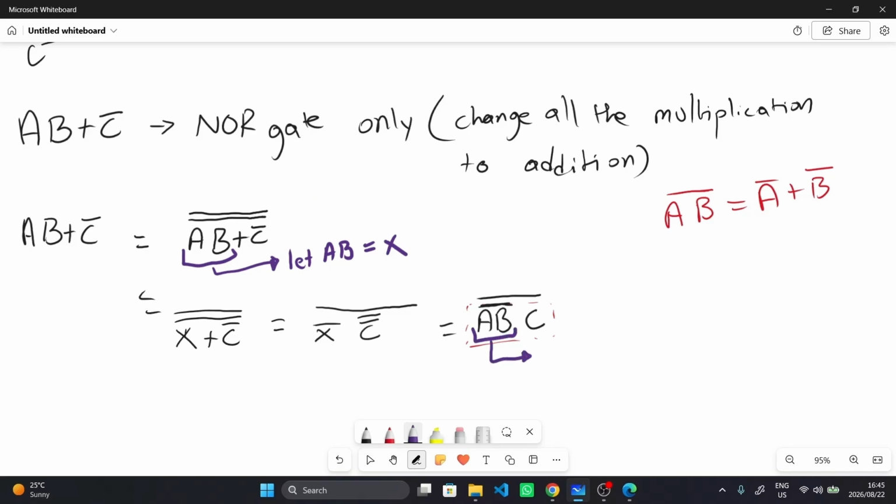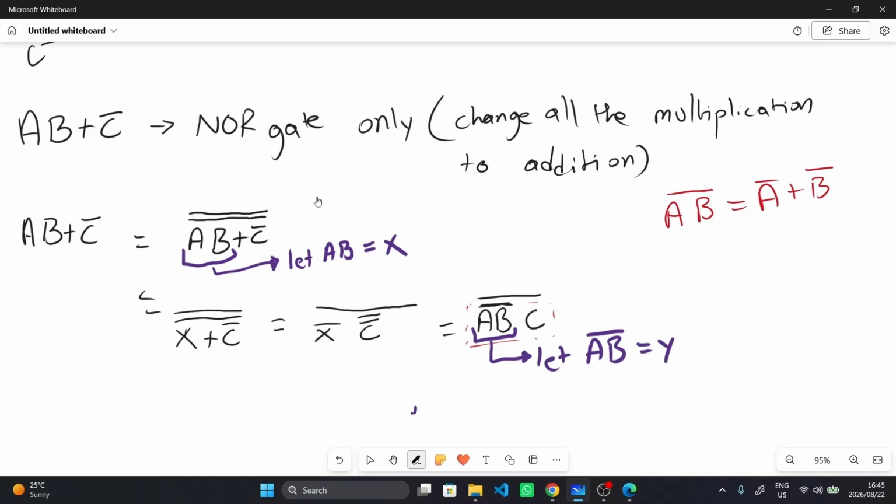So now we can say AB complement equal Y. Let me just write that down so it's easier. So let AB complement equal Y. Right. So in this case, I'm just taking out the common factor.